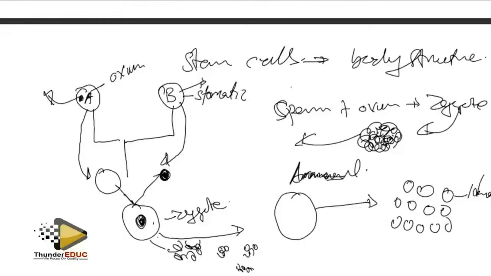Now a question: will these babies look like B or will they look like A? They will look like B. Why? Because I use the nucleus of B. I didn't use the nucleus of A. Why did I use the shell or the casing of B?